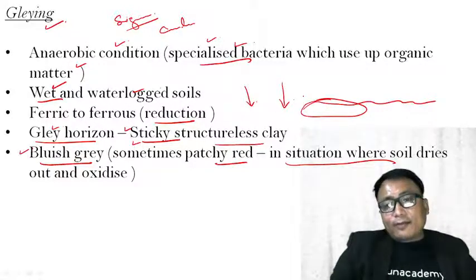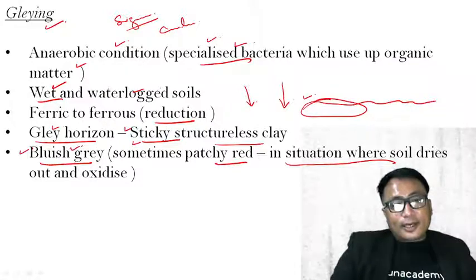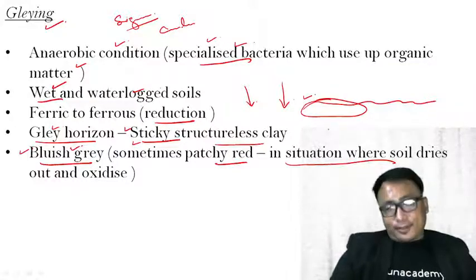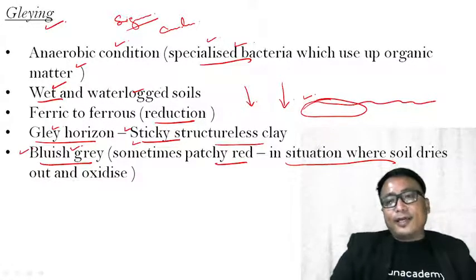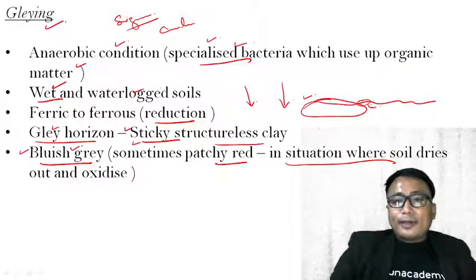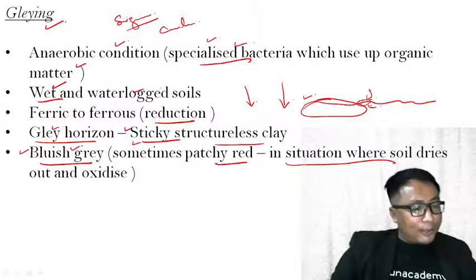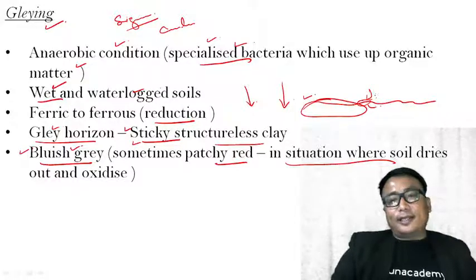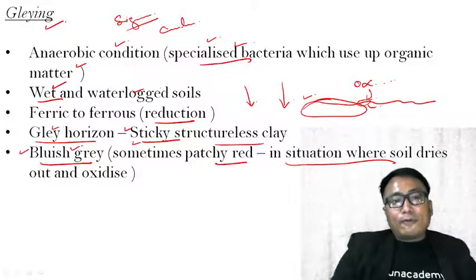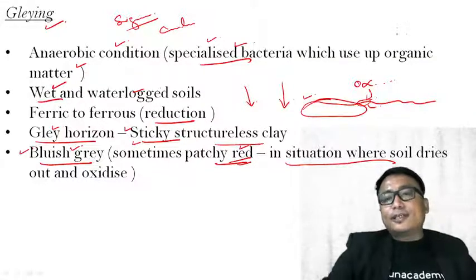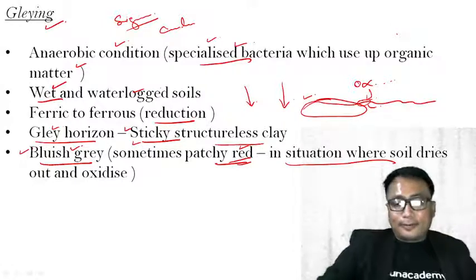But sometimes, depending on the season, if certain locations become dry, then oxygenation takes place with circulation of air, resulting in oxidation. Therefore, in this area of bluish gray you will sometimes get a patch of red color, which is nothing but the oxidation that has taken place. Clear?